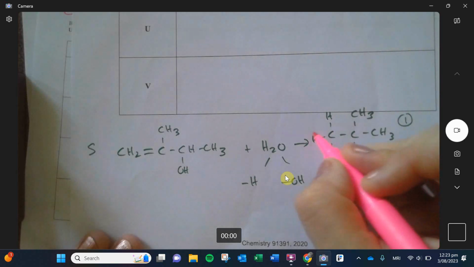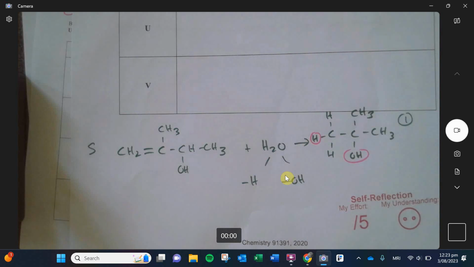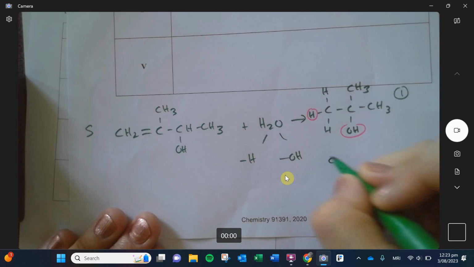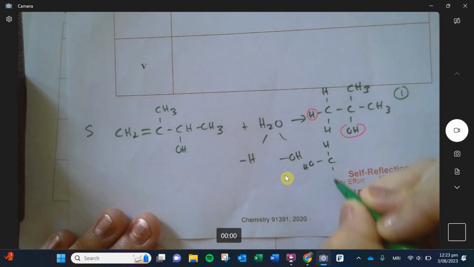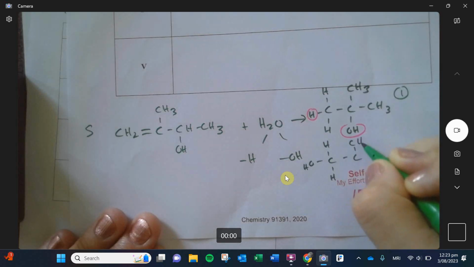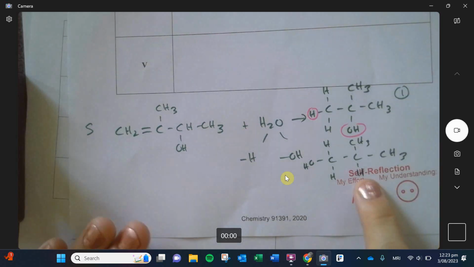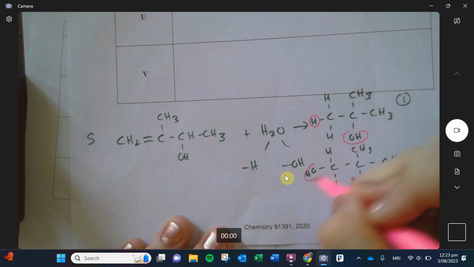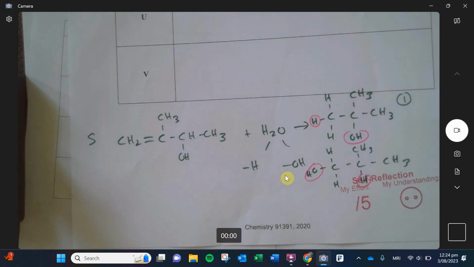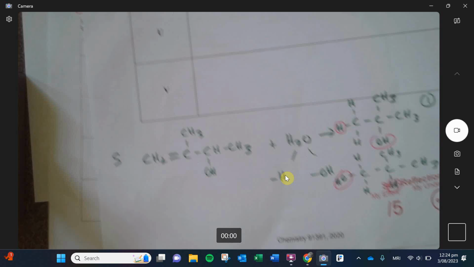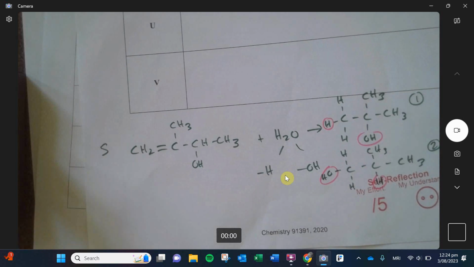What I could also do is these guys could be added in the opposite orientation, and carbon number 1 could get the OH, whereas carbon number 2 gets the hydrogen. So there's two possible products there when I add my water. The hydrogen goes on carbon 1 or the hydrogen goes on carbon 2. Are we okay with that as an idea?